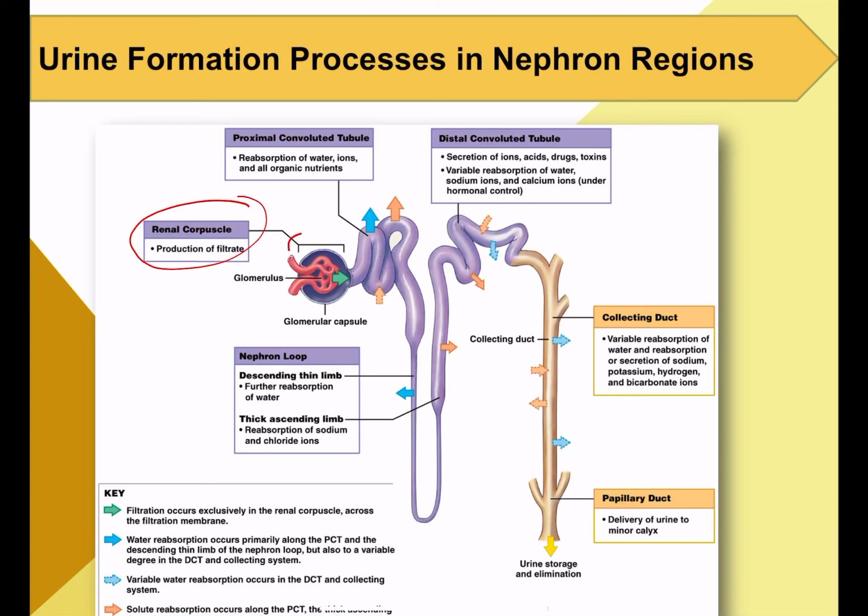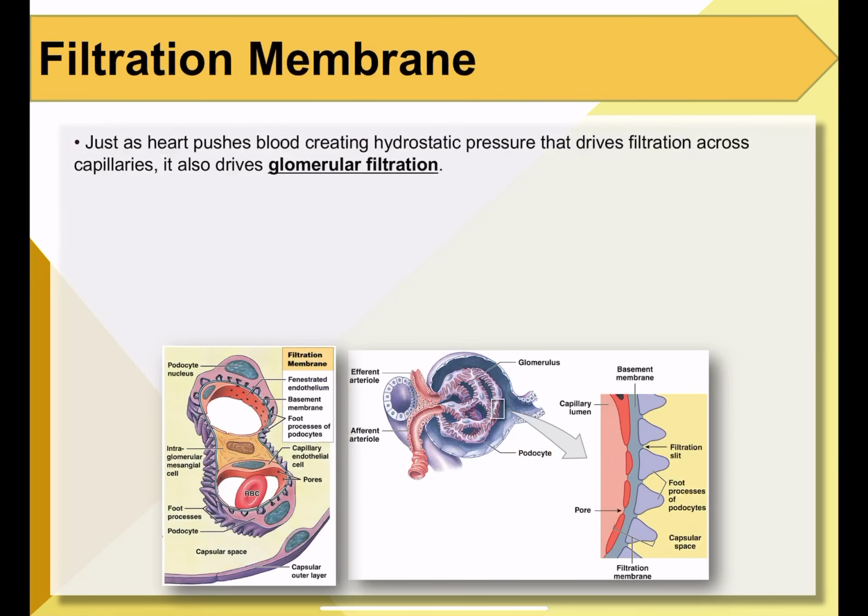Remember this part right here, your PCT, your loop of Henle, and then your DCT. And then we have yet to talk about the collecting duct and the papillary duct in detail yet, but we'll talk about those in a bit. Okay, and it tells you what function it mainly is in different parts of the nephron. Okay, so this is a good review image and diagram.